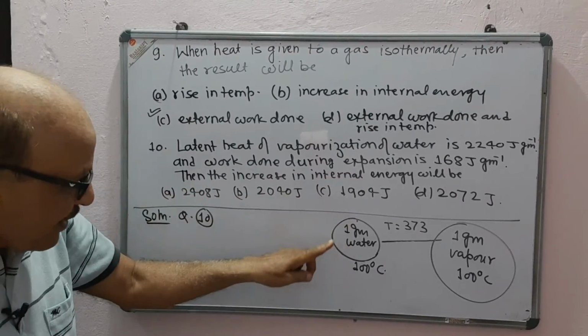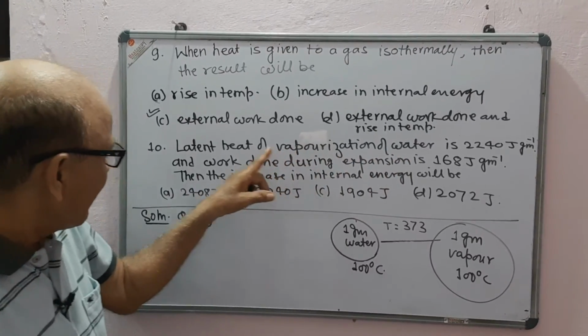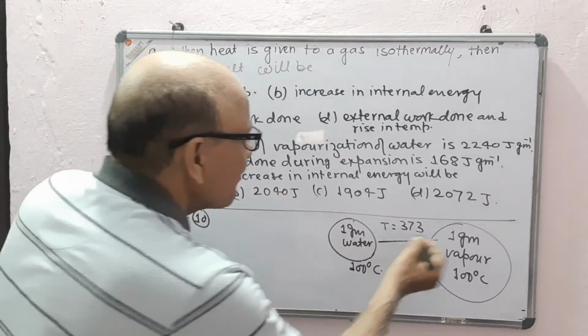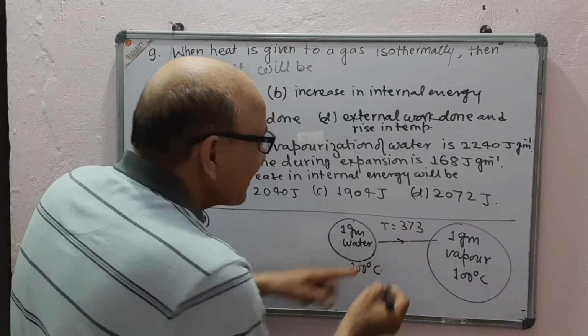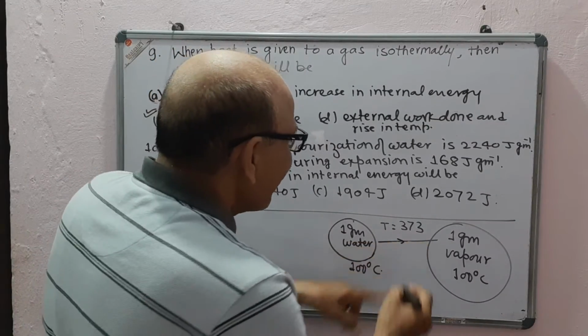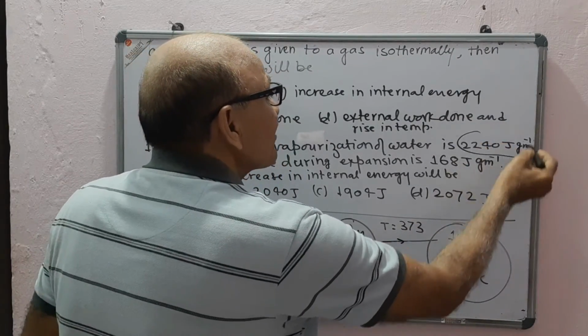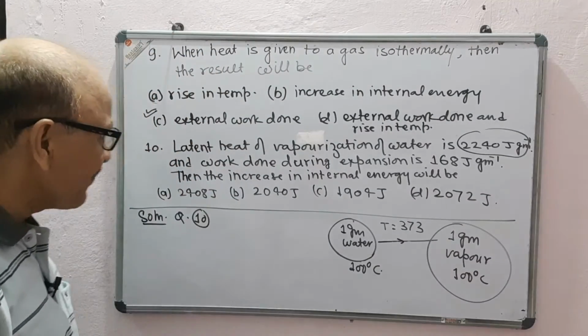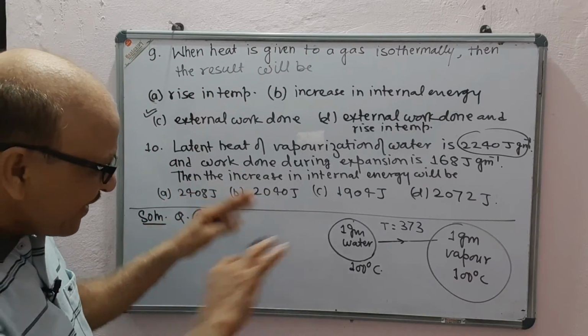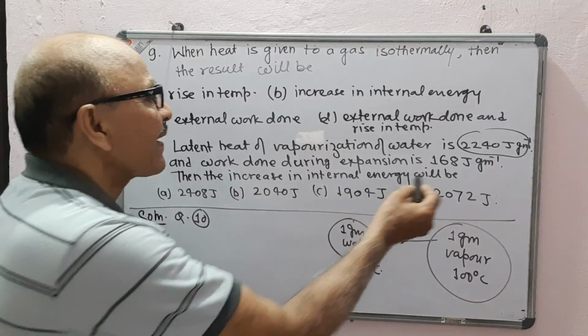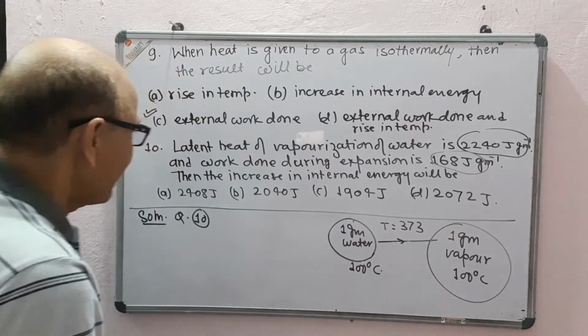Now the latent heat here, from here to here, is this much joule per gram, and external work done is this much.